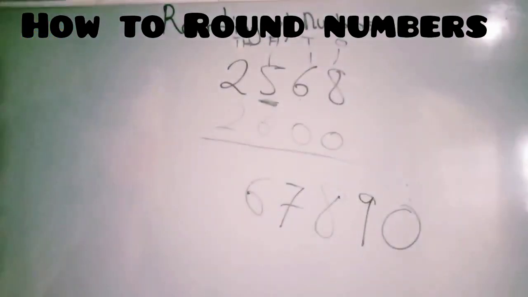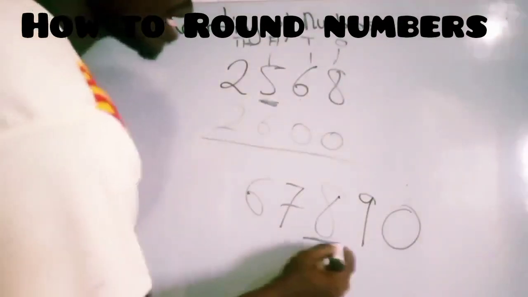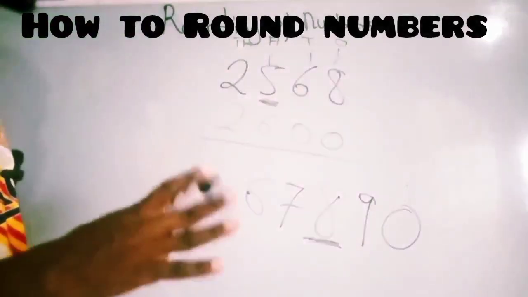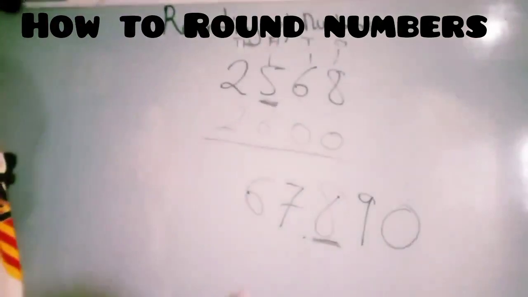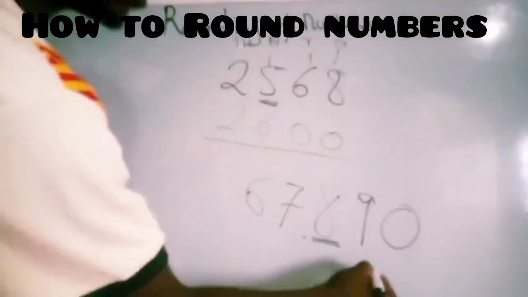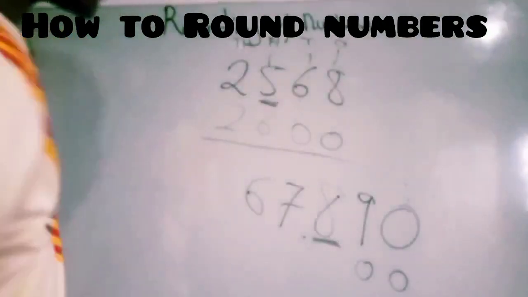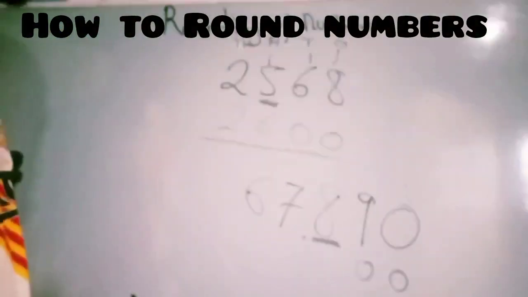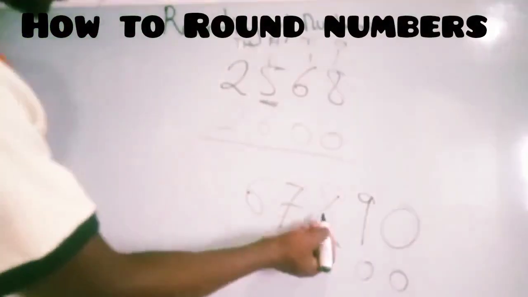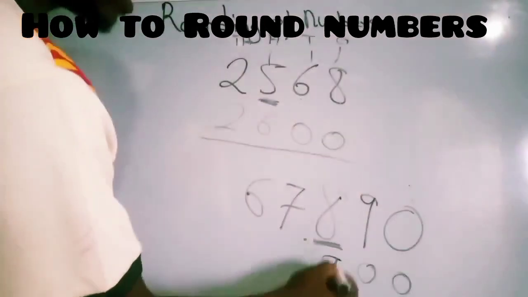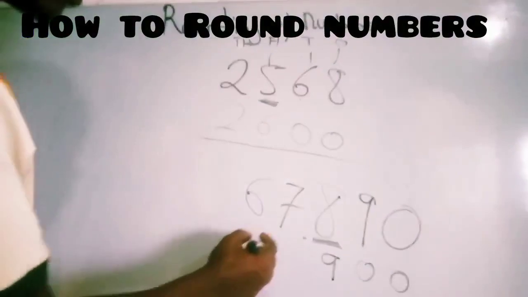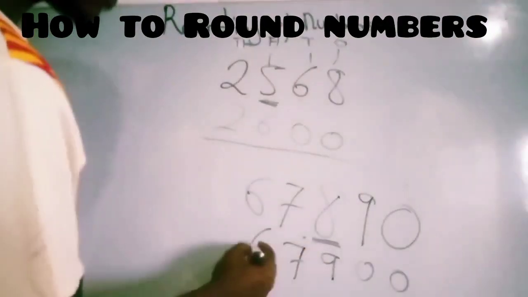So this is the number in the hundreds column, the place value of 100, which is 8. The other ones are at the right hand side. You put your 0 here, you put your 0 here. Now, if the immediate number is above 5, you add 1 to the 8 to make it 9, and you repeat any other number at the left hand side. So you have 6 and 7.